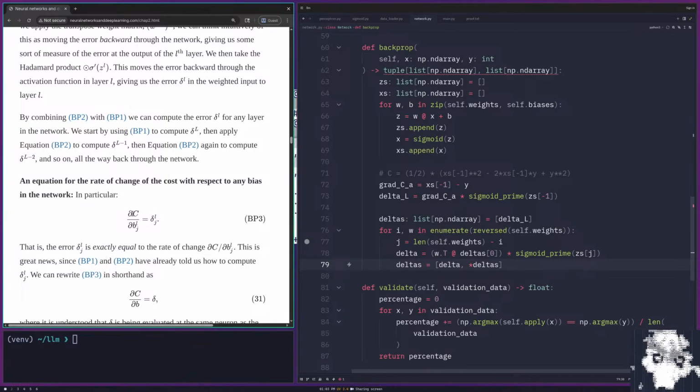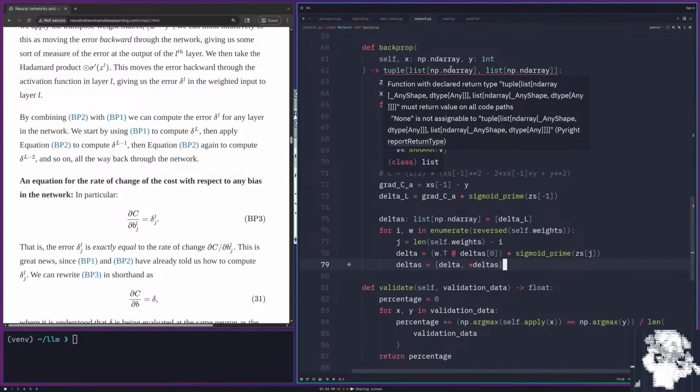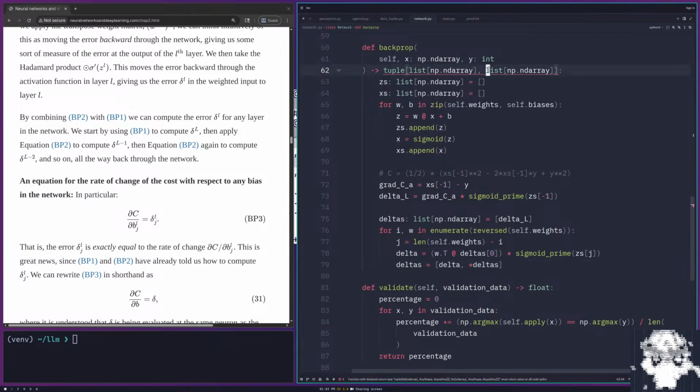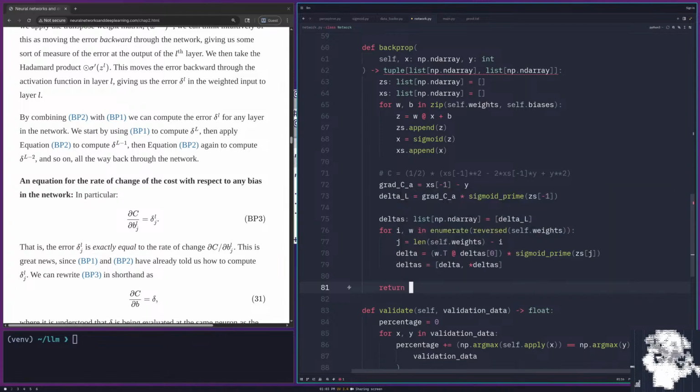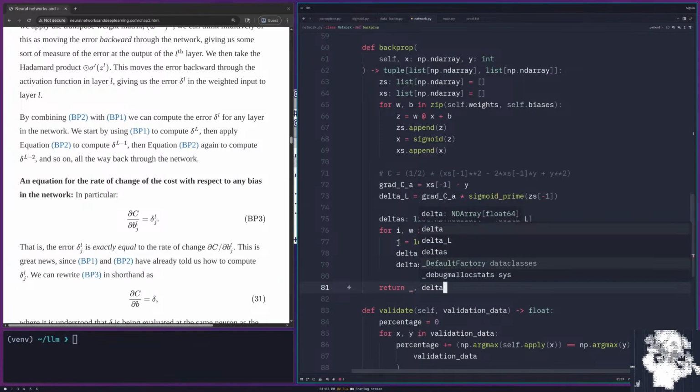Deltas is that. So we're going to be returning something and then deltas.